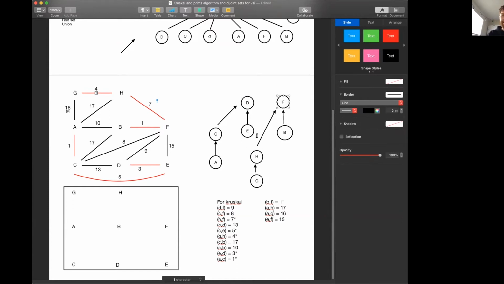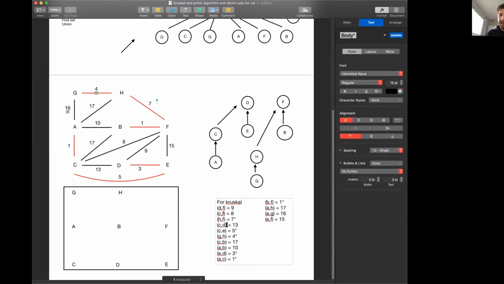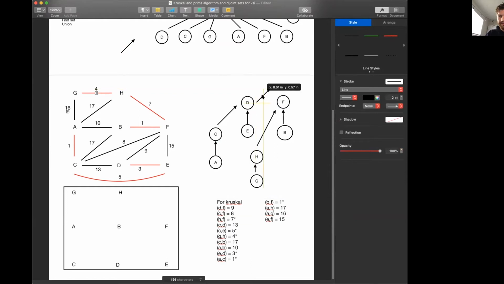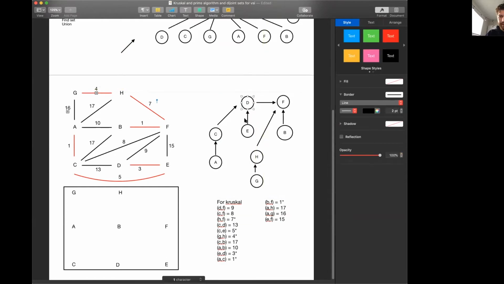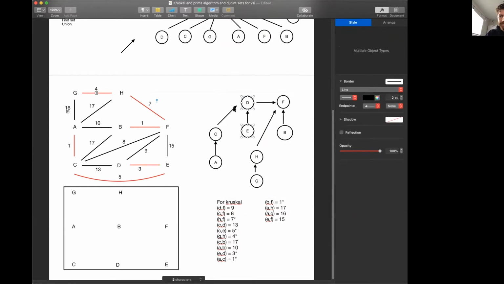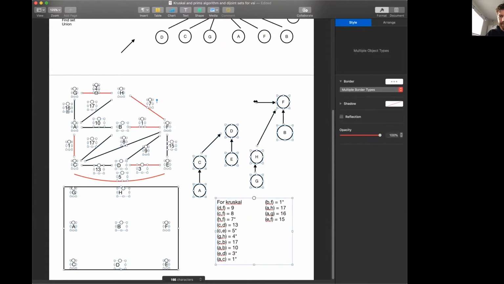So again, the way we break this tie is by making the second one the parent. So I just have D point to F this way. And let me make it look a little more like a tree. I'm going to shift them down a little bit. This looks a little better.